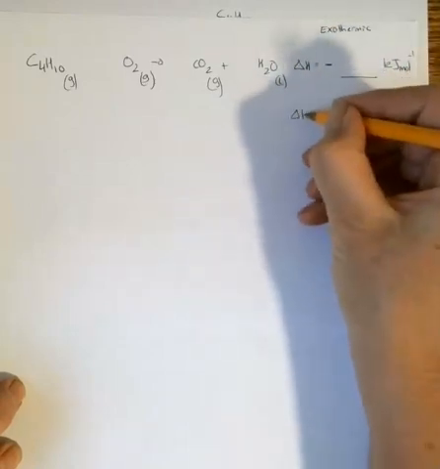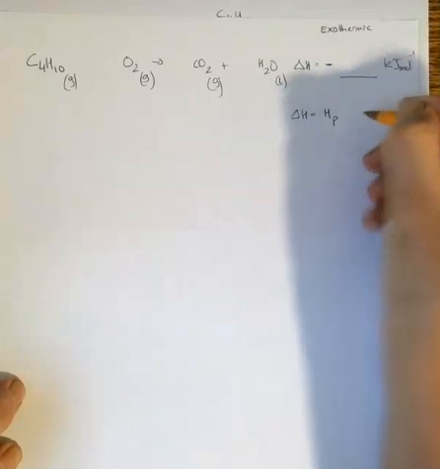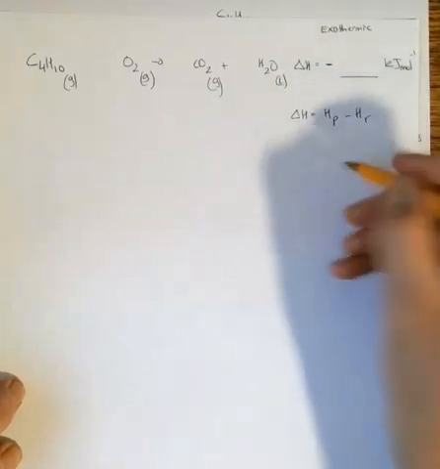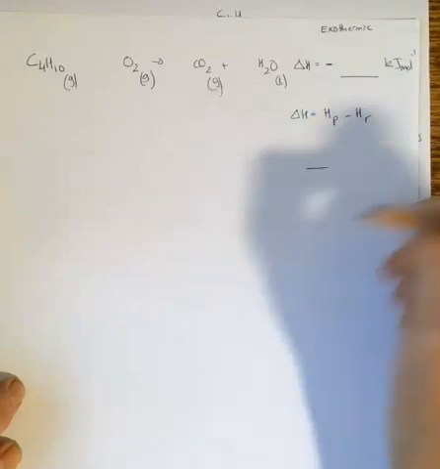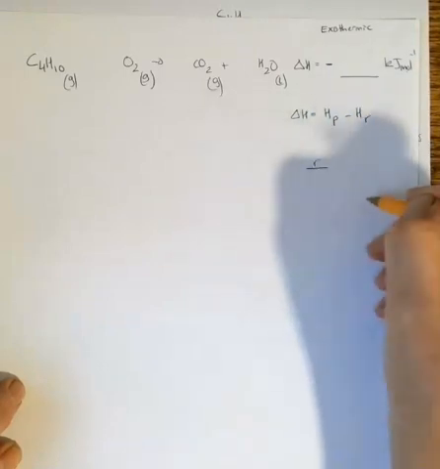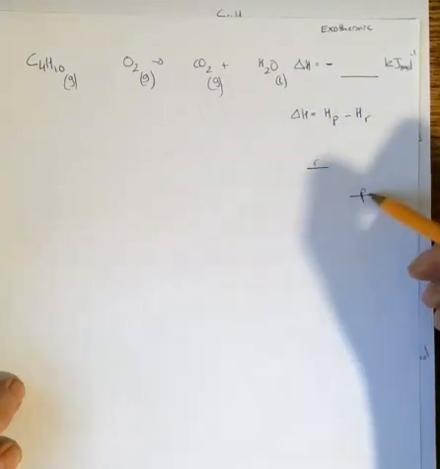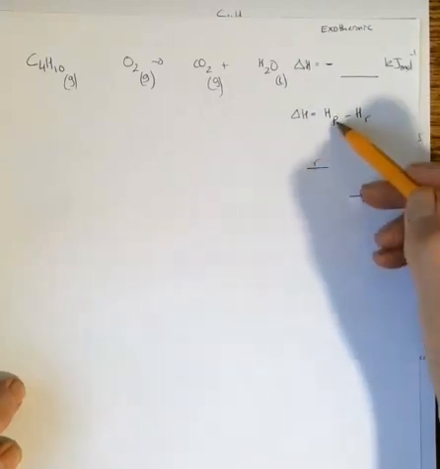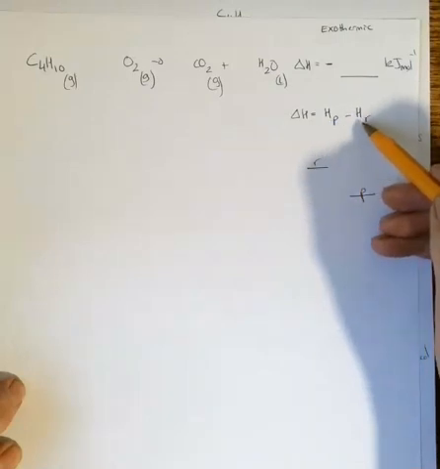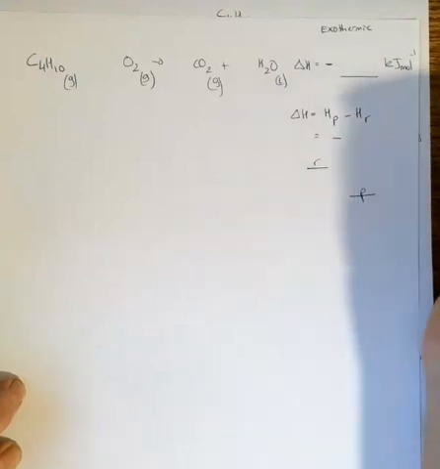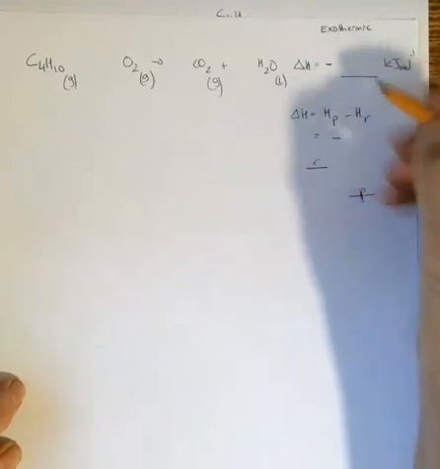Change in H is the enthalpy in the products minus the enthalpy in the reactants, which means that you start with a certain amount of energy in your reactants and you end up with a certain amount of energy in your products. This number is a lower number than that number, so if that's a smaller number, this is larger. When you take it away, you'll end up with a negative value. So do not forget that negative.